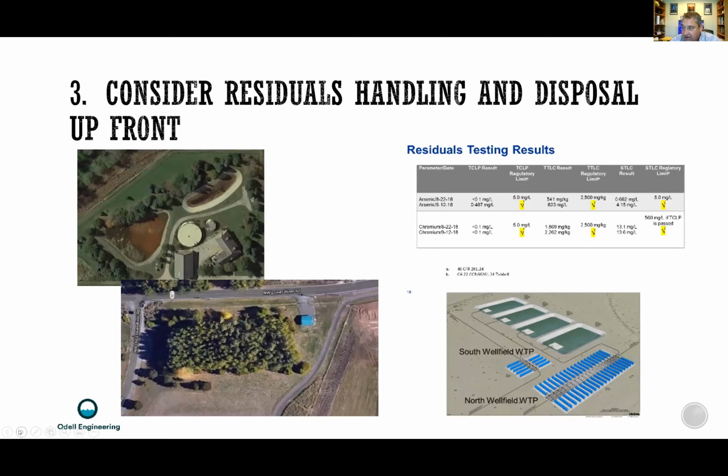So coming up with alternative residual handling strategies, whether it's irrigation or an on-site lagoon, can be very cost effective. Into a tank and recycling is very often done now. But in some cases, you have to dewater the solids and dispose of them as well. So understanding how much area you're going to need, are you going to dry it in the lagoon or do some mechanical dewatering, which can be very expensive, are all things to consider.